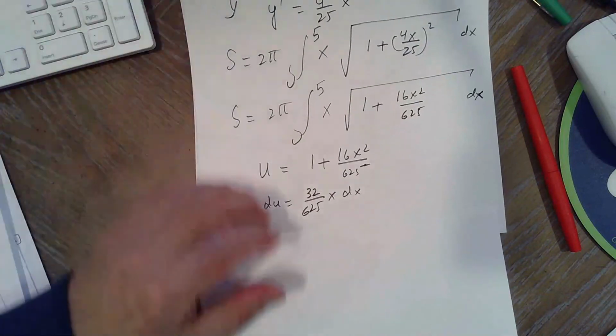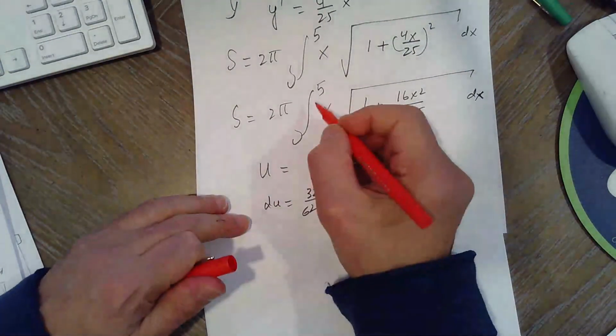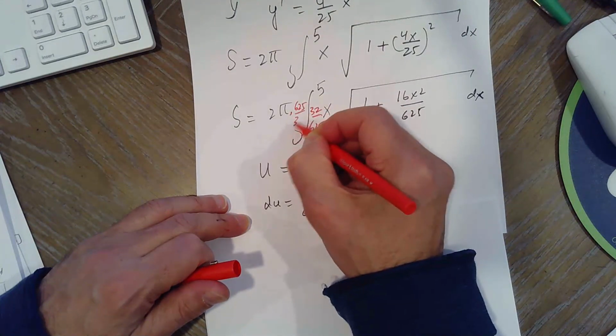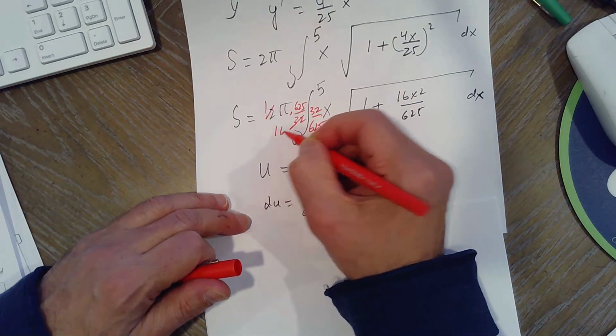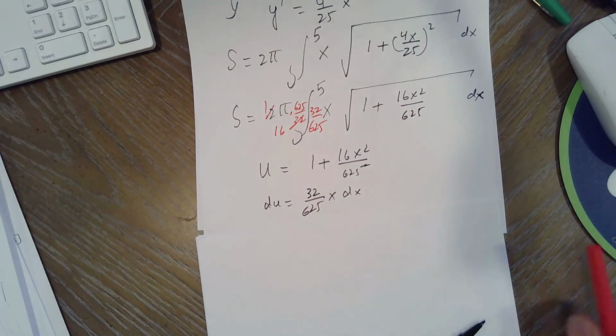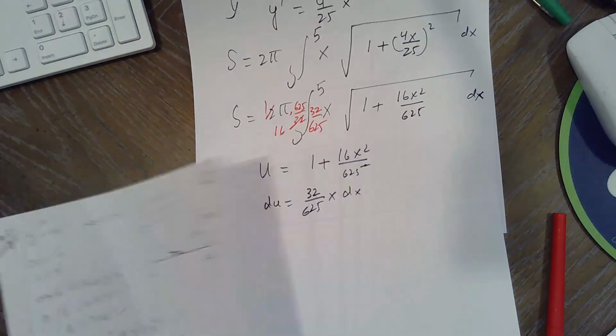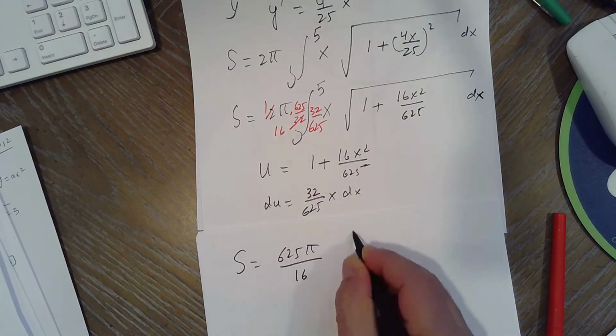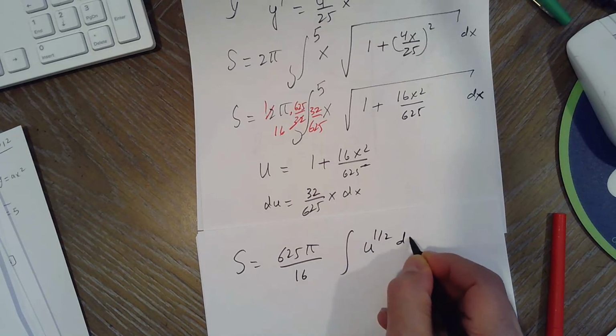So we need to multiply by 32 over 625, and divide by 32 over 625. That cancels out, and you get 625 pi over 16 integral of u to the 1/2 du.